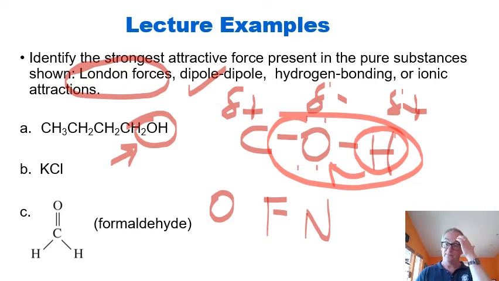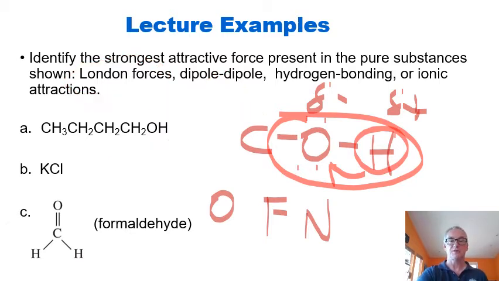Because this is such a strong interaction, they both can hydrogen bond. The difference is water can form more hydrogen bonds than ethanol can. And so it takes even more energy to break up the interactions between water molecules than it does with ethanol molecules. So the strongest force there would be hydrogen bonding because there are no ions. If there's no ions, there is no ionic interactions.